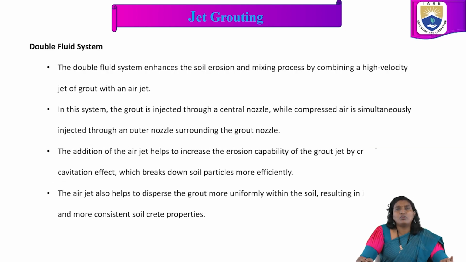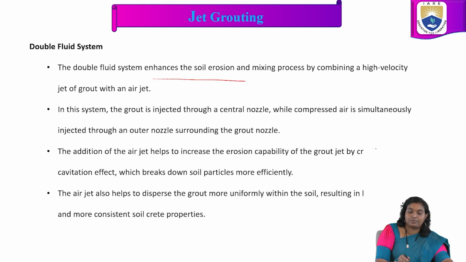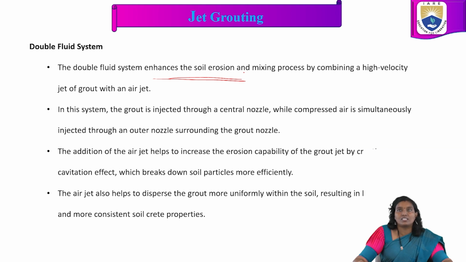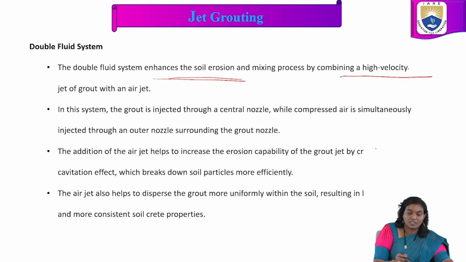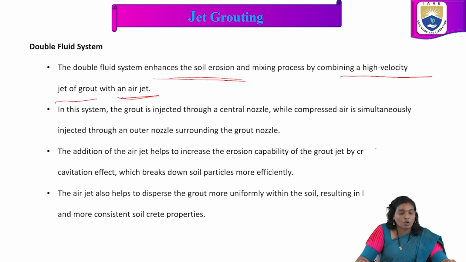Next one is the double fluid system. The double fluid system enhances the soil erosion and mixing process by combining a high velocity jet of grout with an air jet.